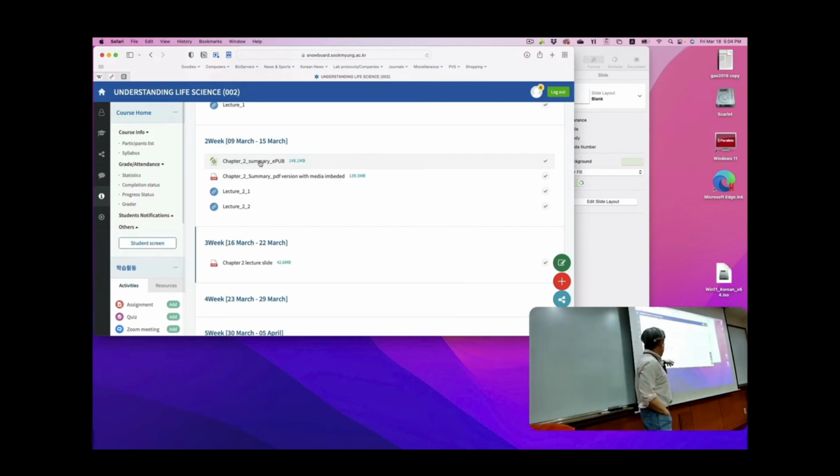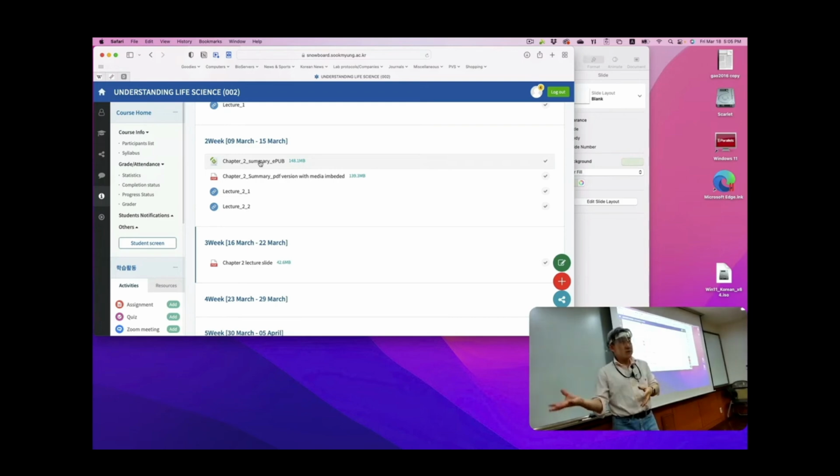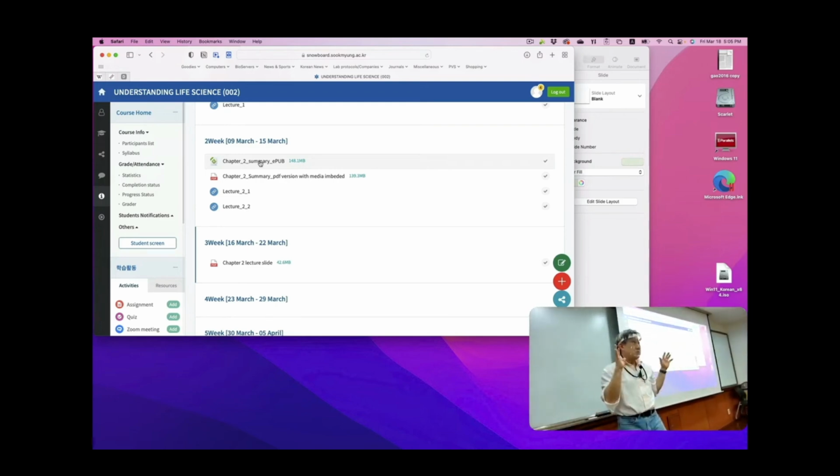This chapter 2 summary is not a regular thing. Like I said, this semester I'm not going to provide any lecture handout material, only the lecture slide versions, because your textbook will be your primary reference source. But chapter 2 has a special position.